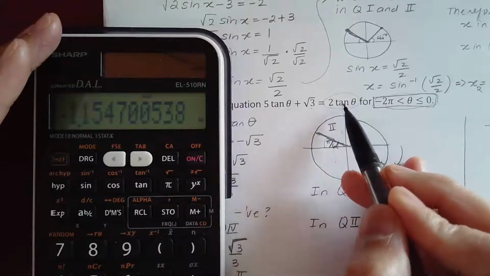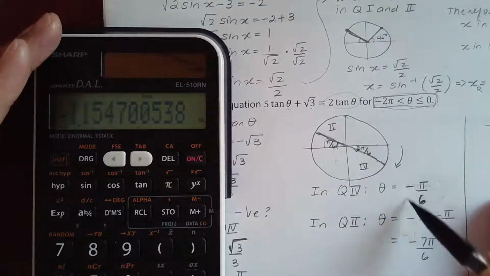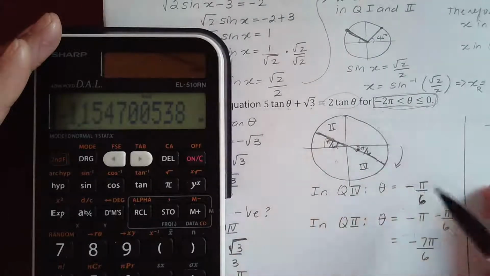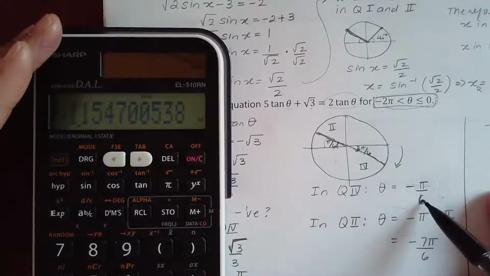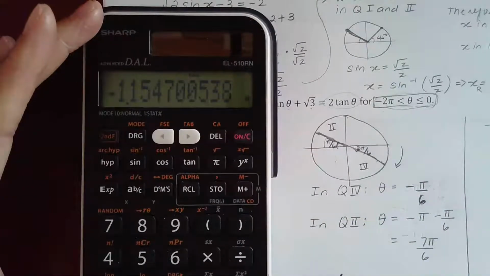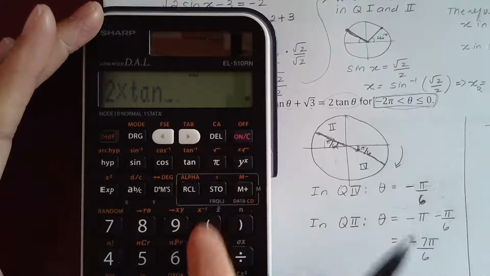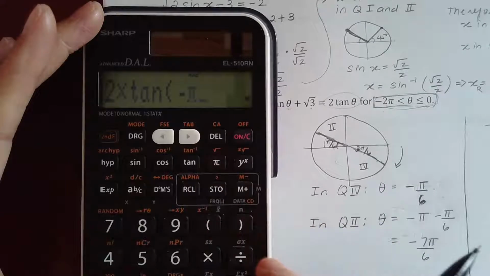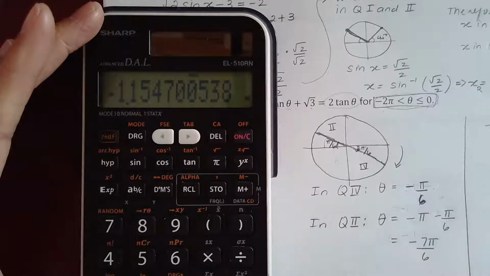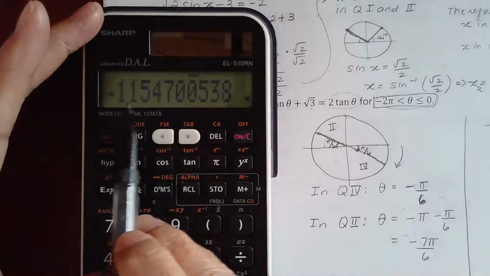It's 2 times tan of theta. So I'm going to do the same thing in here. Tan of theta, I'm going to replace with negative pi by 6. So it's going to be 2 times tan of negative pi by 6. And I get the same thing, the same value.